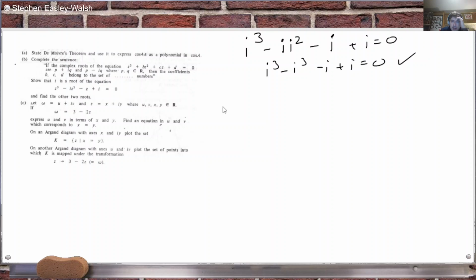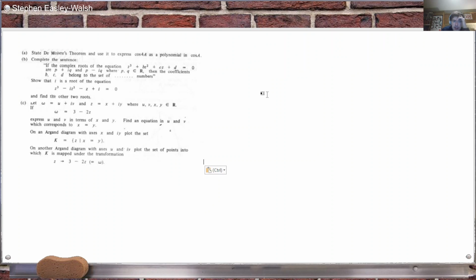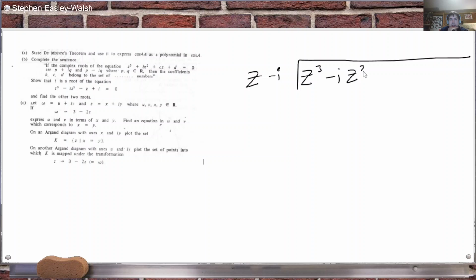Could we factorize it? z minus i. No, we'll do a long division. I don't think it'll be too bad. So z minus i divided into z cubed minus i z squared minus z plus i equals 0.